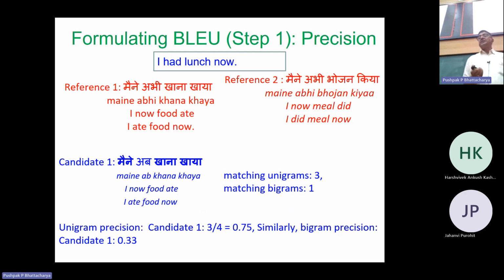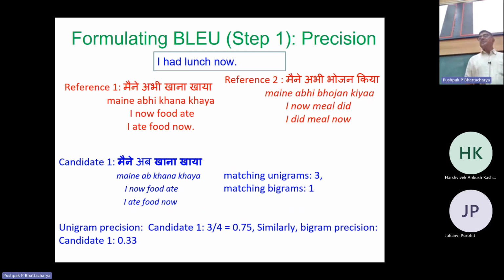First, we think about unigram precision. How many words does the candidate match in the reference translation? Words are unigrams. So मैंने खाना खाया, these three words match with the reference translation. मैंने अभी खाना खाया.